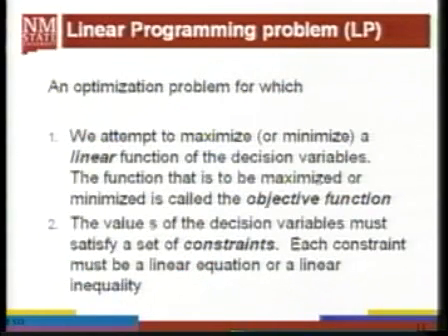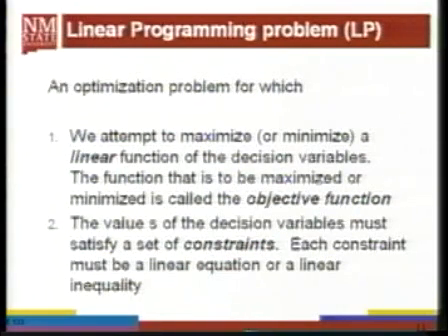And last time I said the optimization problem is a computational problem whose objective is to find the best of all the possible solutions, right? And LP is a special type of optimization problem in which both the objective function and the constraints are all linear functions, right? So formally, LP can be defined as follows. The LP, the linear programming problem, is an optimization problem for which we do the following things.